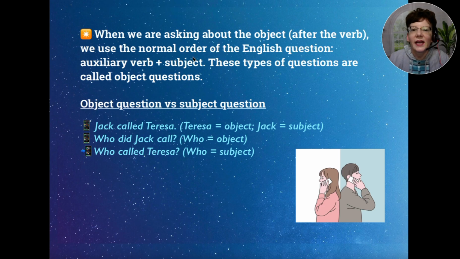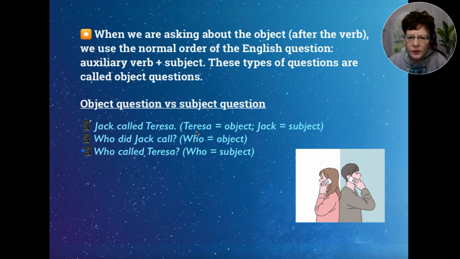When we're asking about the object, this is what comes after the verb. We use the normal order of the English question, the auxiliary verb plus subject. These types of questions are called object questions. So, what's the difference between an object question and a subject question? We have here, Jack called Teresa.